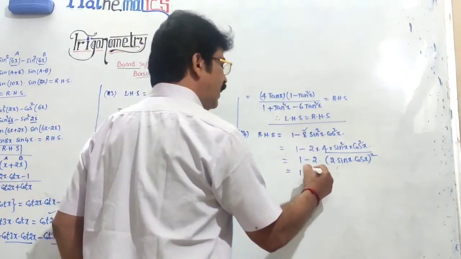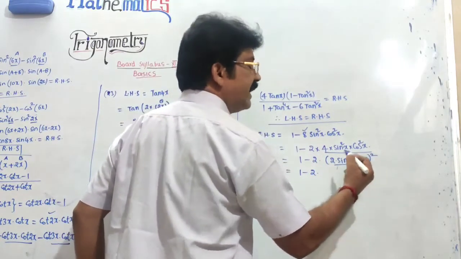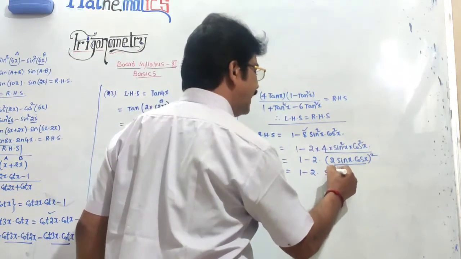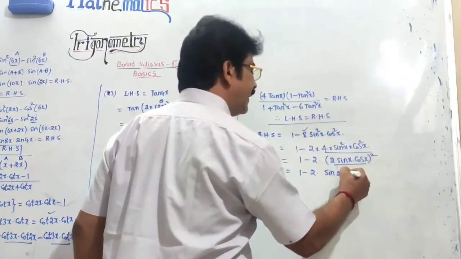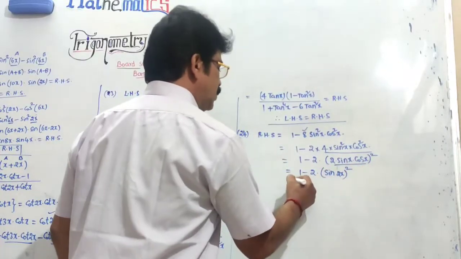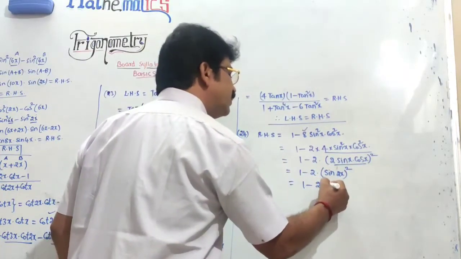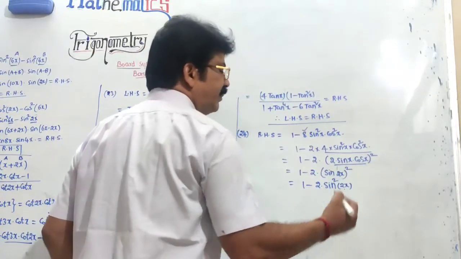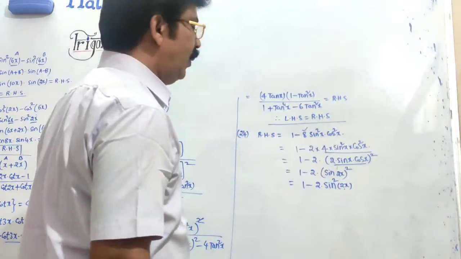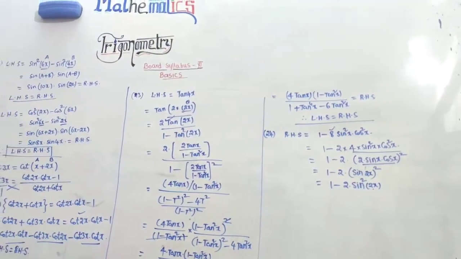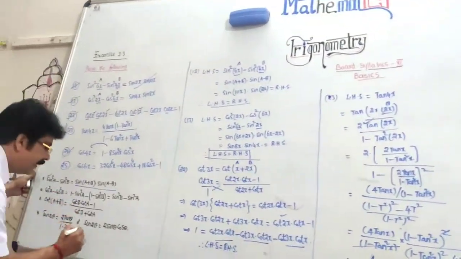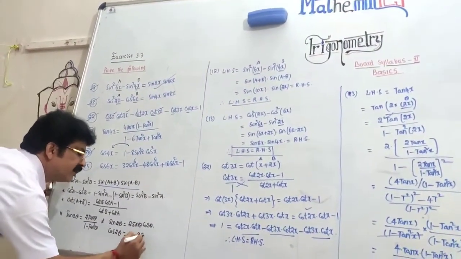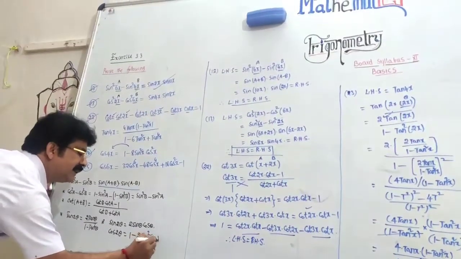So that is equal to 1 minus 2 into 2 sin theta cos theta, which I said is sin 2 theta. Sin 2 theta means 2x, whole square. So that is equal to 1 minus 2 into, it is nothing but sin square of 2x. Of means bracket, that bracket is the angle. Actually, out of 3 formulae for cos 2 theta, I am writing one formula: cos 2 theta is equal to 1 minus 2 sin square theta.